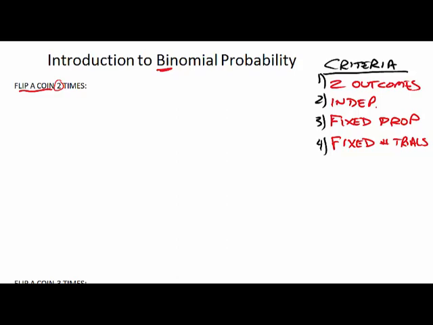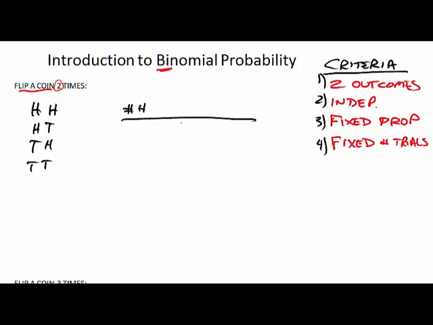I'd like to start off by just creating the sample space. If I flip a coin 2 times, well, the first coin could be heads and the second one could be heads, or first heads then tails, could be tails heads, could be tails tails. So I could look at the number of heads or number of tails.